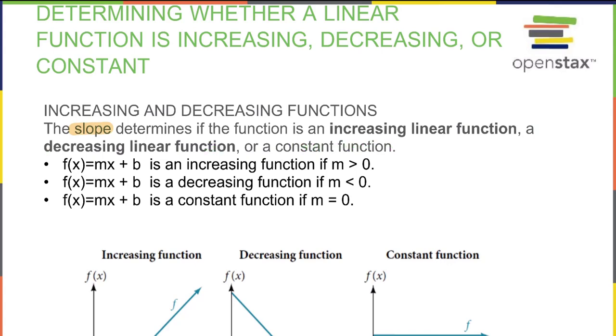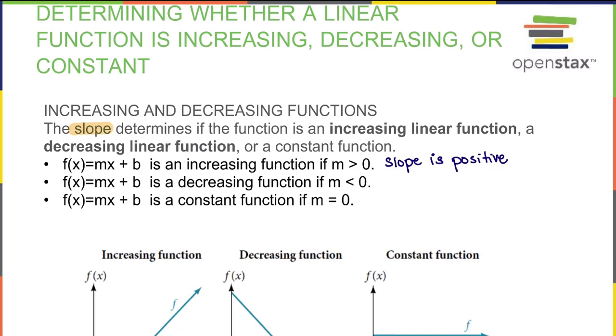For a function written as f of x equals mx plus b, it is increasing if m is greater than 0. What that means is the slope is positive. So what you need to do to determine this, if an equation is written in slope-intercept form, is identify the slope, and if the slope is positive, that tells us that the linear function is increasing.